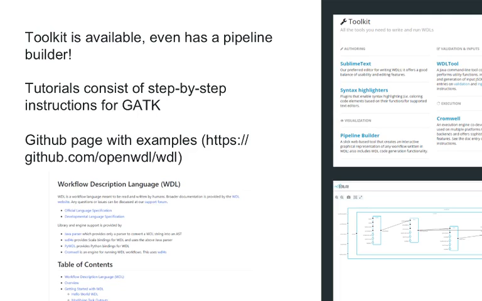I'll give you a small example a bit later. And for the non-programming-inclined individuals, there's a pipeline builder. You can literally use the GUI to create inputs and then build the pipeline from the right over there, which is quite useful if you're not well versed in programming.